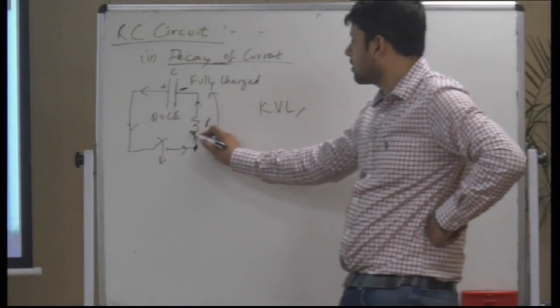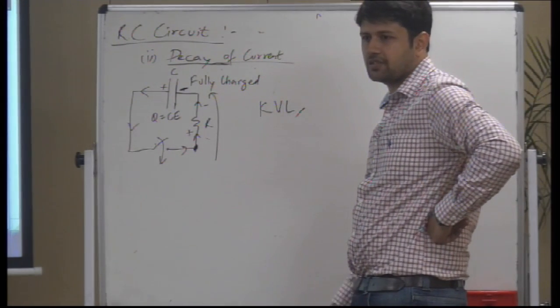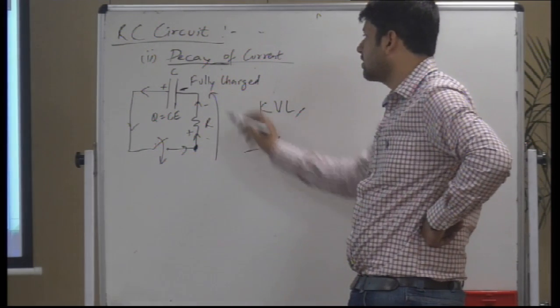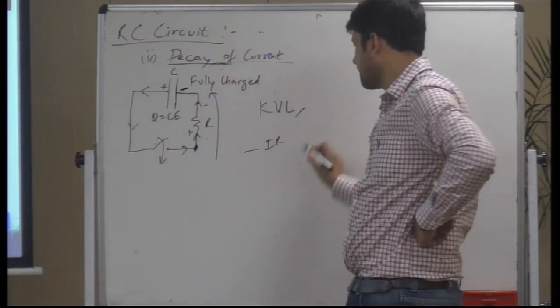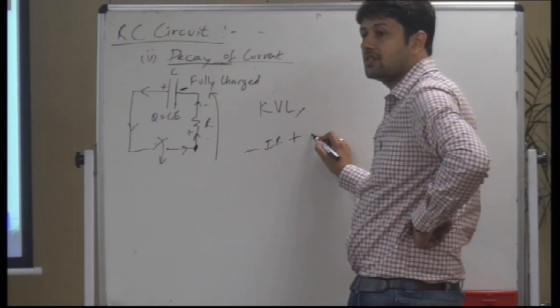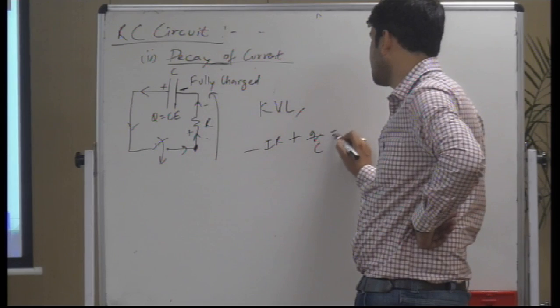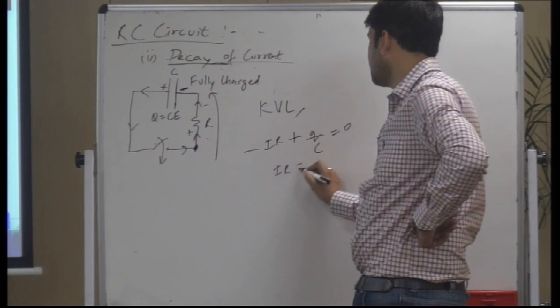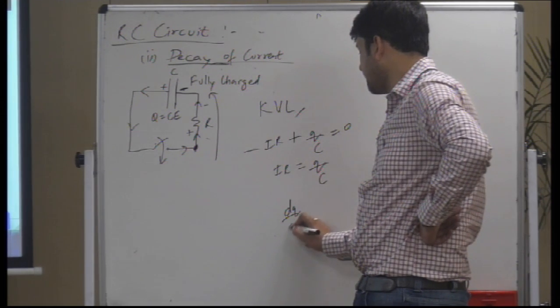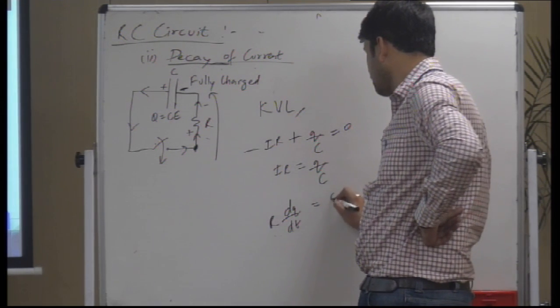You are crossing it from positive to negative direction, so you write negative IR, then you are crossing it from negative to positive direction, so you write plus Q by C is 0. Can I write IR is equal to Q by C? I would write dQ by dt into R is equal to Q by C.